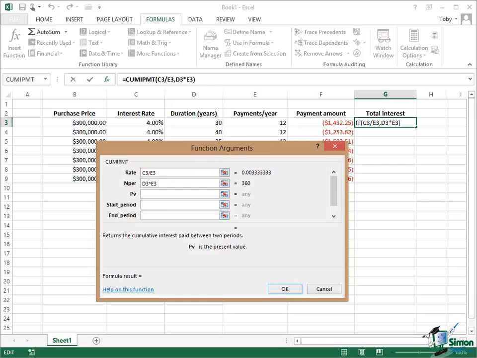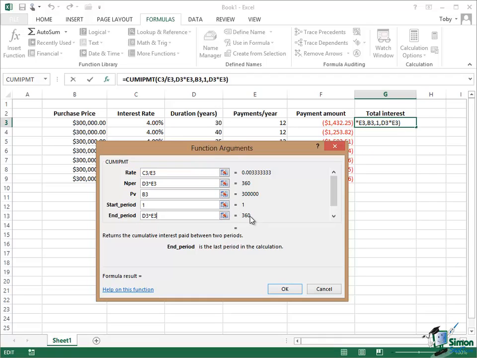PV next, the present value, that's the amount of the loan, which is B3. The start period. Now, we can find the total interest paid between any two periods. We're here going to look at the total, so we're going from period 1 to the last period. So we put 1 in the start period, and the end period will also be D3 multiplied by E3 because it's the total number of payment periods.